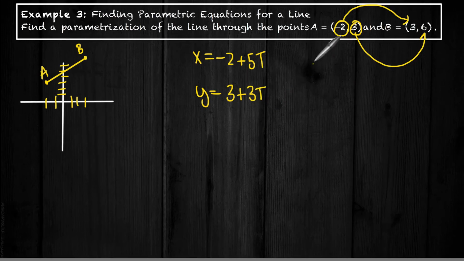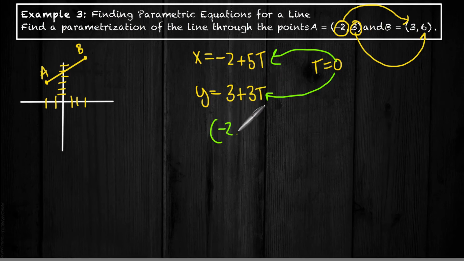And let's test this out to make sure that you're convinced that what we did was correct. When time is 0, let's plug 0 into these 2 equations. When t is 0, you simply get negative 2 for the x, and when t is 0 here, you get 3. Hey, that's where it should start when time is 0.